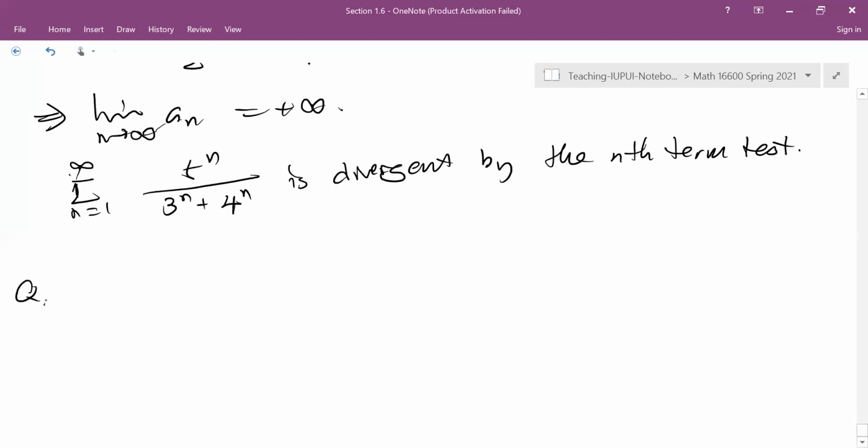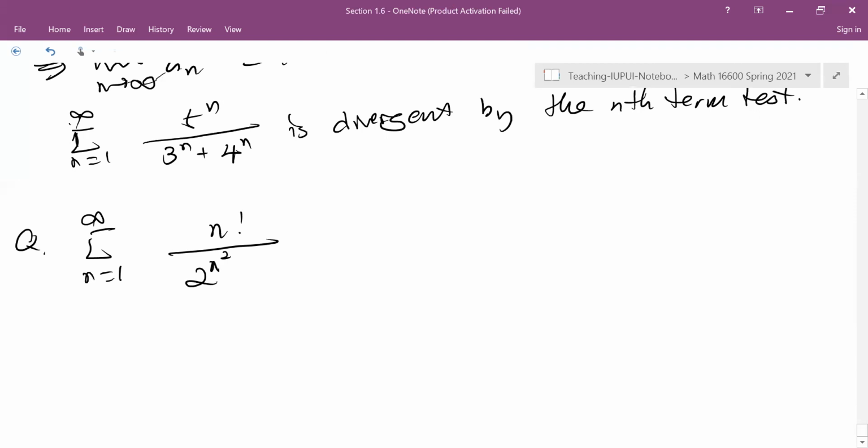All right, so now let's take a look at the next problem. This is n factorial over 2 to the n squared. Wow, look at that. Remember, I told you before, if you see n factorial, don't use the root test, because you cannot easily find the nth root of n factorial, right?